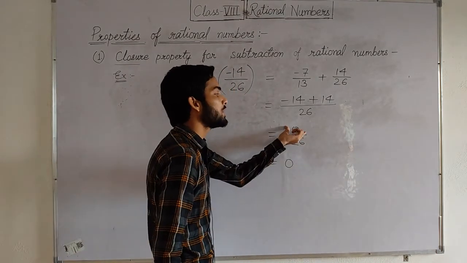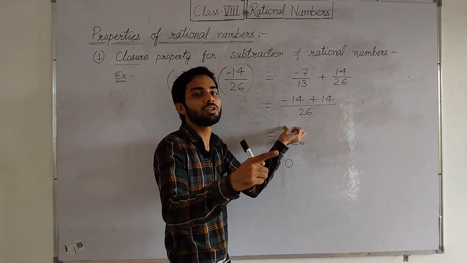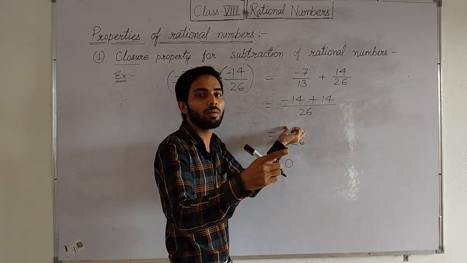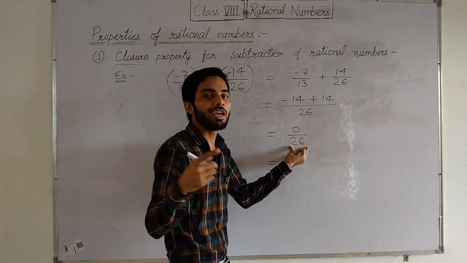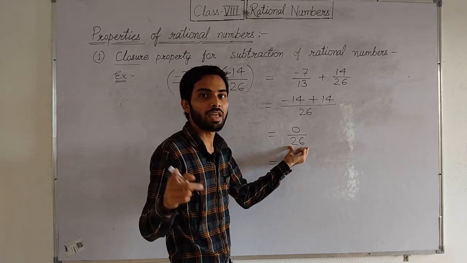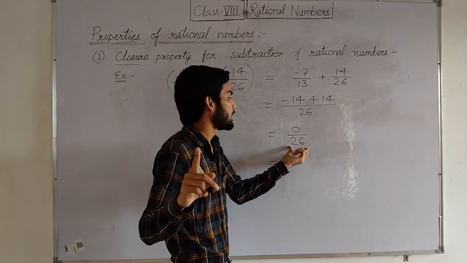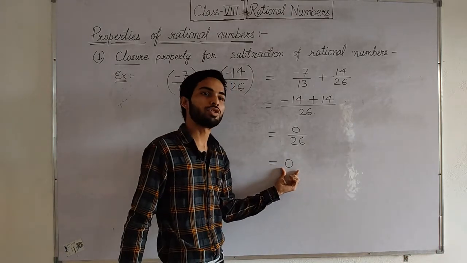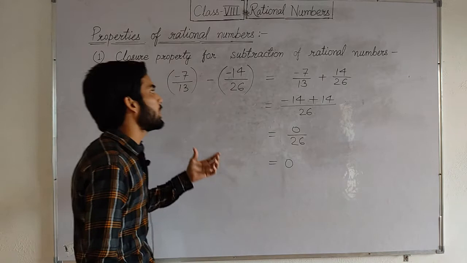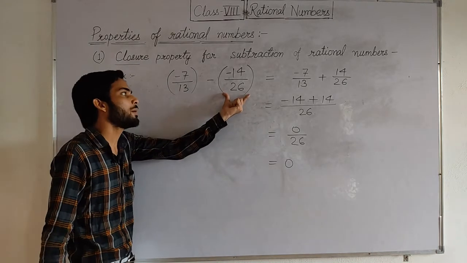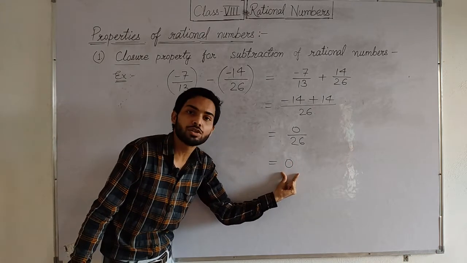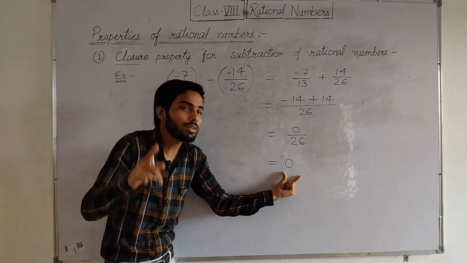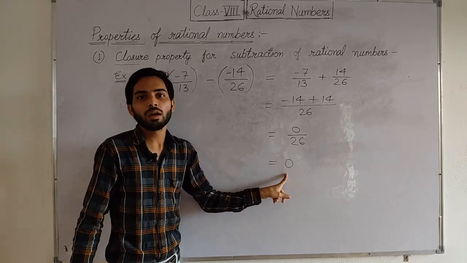When 0 is divided by any natural number other than 0, you will always get 0. So my dear students, on subtracting this rational number from this rational number, your answer is 0. Now guess, is 0 a rational number?